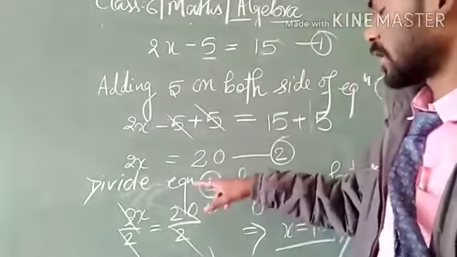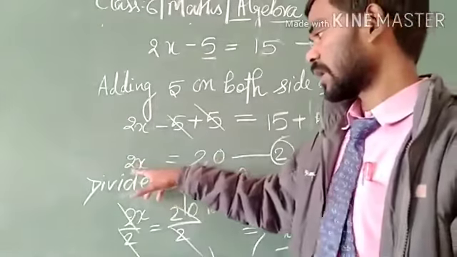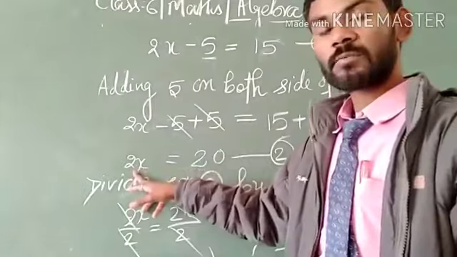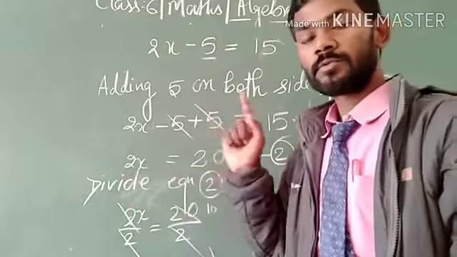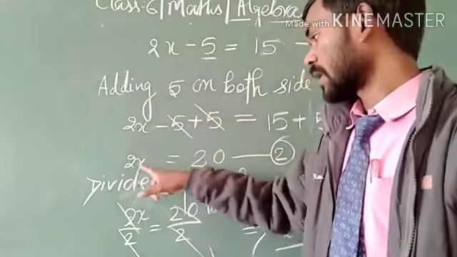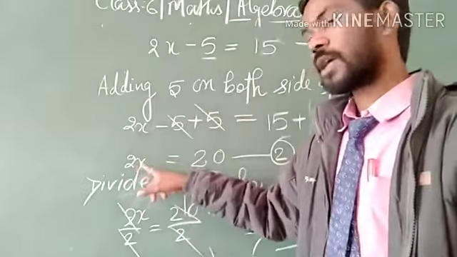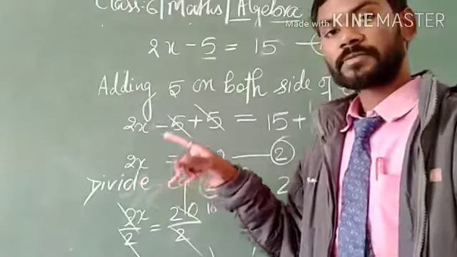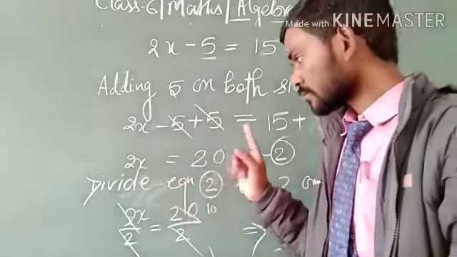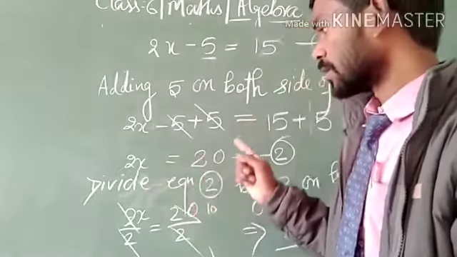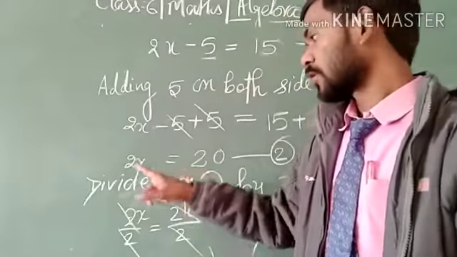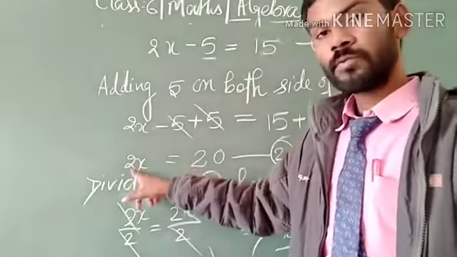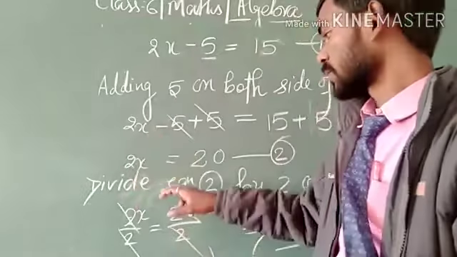Now in this step we can again see that x is not completely isolated. So in order to remove 2, we can see that 2 is multiplied with x. Therefore, we shall divide the equation by 2 in order to remove 2 from x.